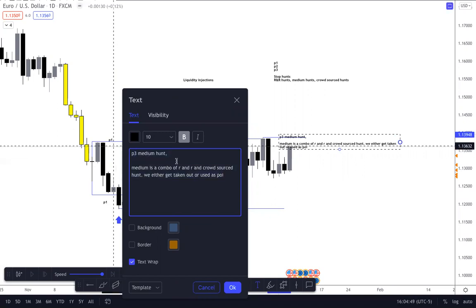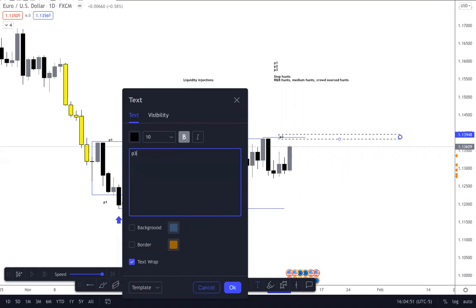But what we need to understand is phase three, right? So what is phase three? Phase three means we are grabbing liquidity for the third time, right? Generally, phase one is the highest probability, phase two is the least probable, and phase three is the second most probable.